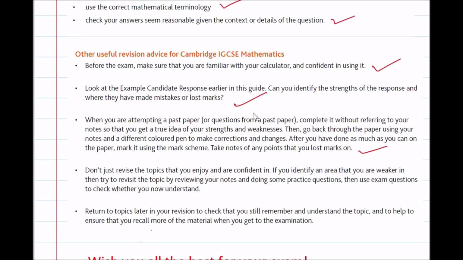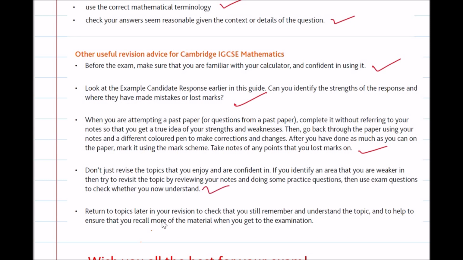If you are weak in any topic, that should not mean you should neglect or ignore that. You have to make sure that you can answer that topic also. So you need to focus more on that topic and revise well, learn it, take help of your teacher, take help of your peer students.